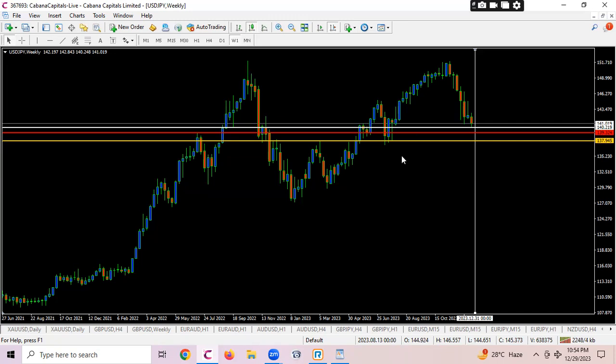It's just like the room you are in now. You have your resistance, you have your support. If you bounce a ball in that room, once it hits the ceiling, it will pull back, right? Yes, sir. Pull back to the floor. When it hits the floor, it will go up, right?